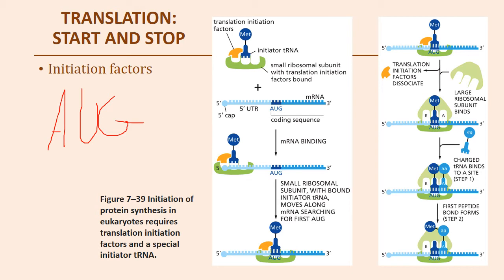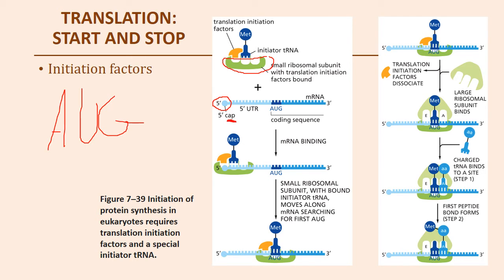So what we see happening is, and you can go ahead and follow along in the figure, this is figure 7-39, that the rRNA will initially only utilize its small subunit, and its small subunit will be able to recognize the 5' end of mRNA due to the appearance of the cap.